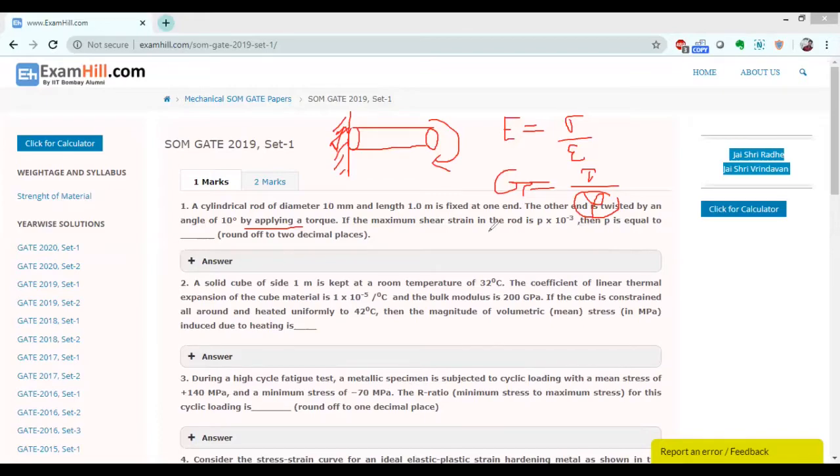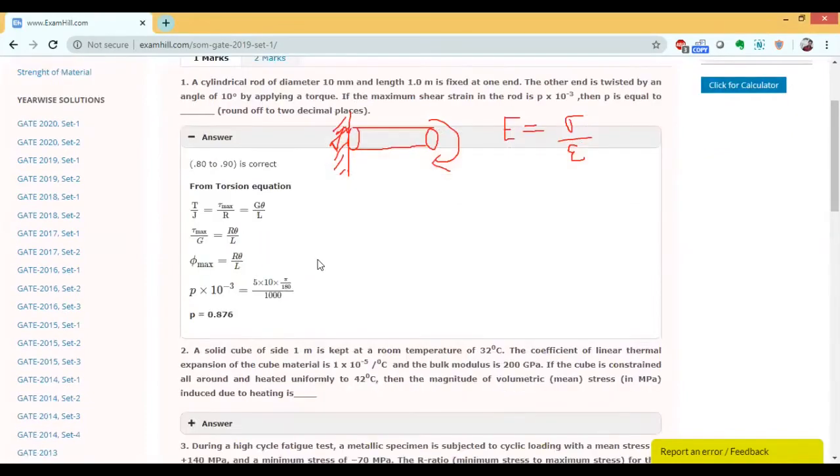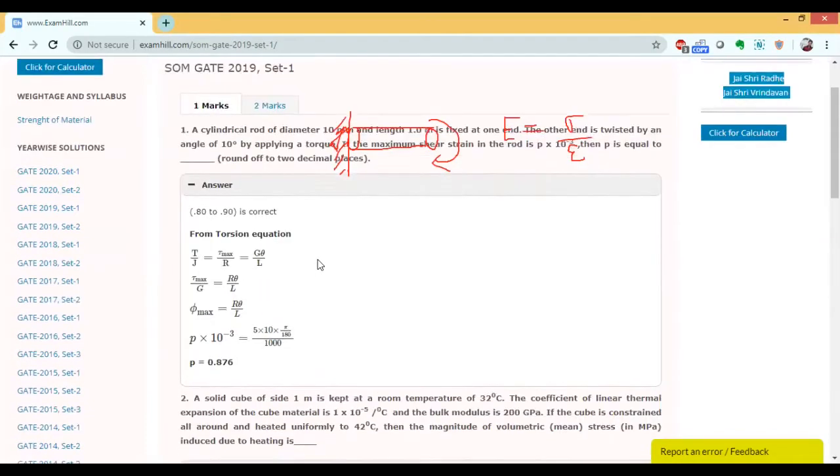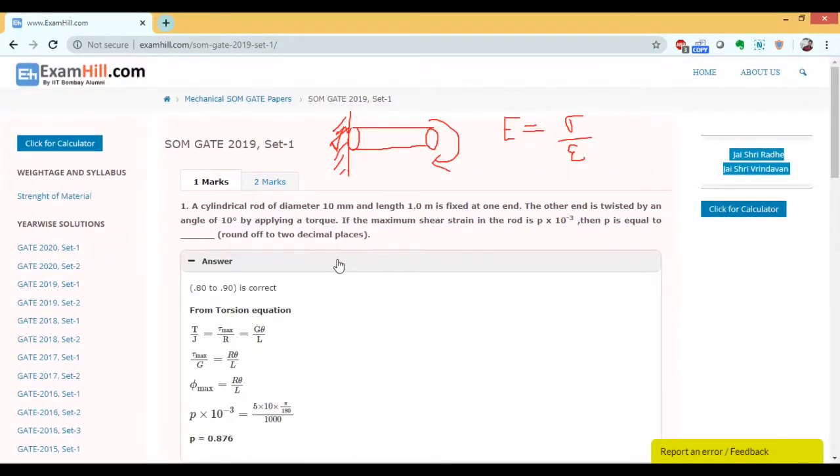So let's see how we do this. For rotation, we need to remember the torsion equation. I'll show you the torsion equation, because you need to remember this equation, then only you'll be able to do these kinds of questions.